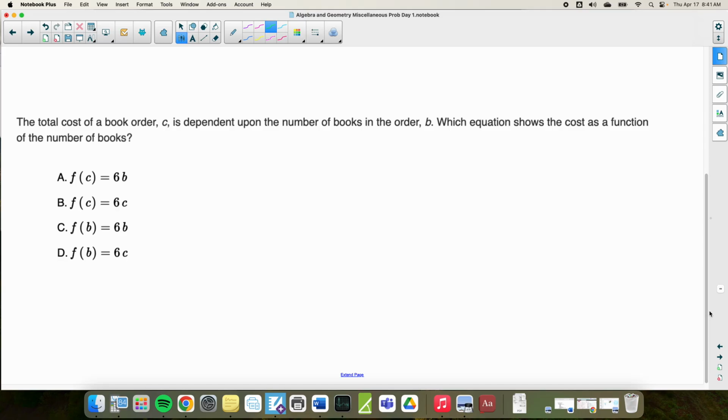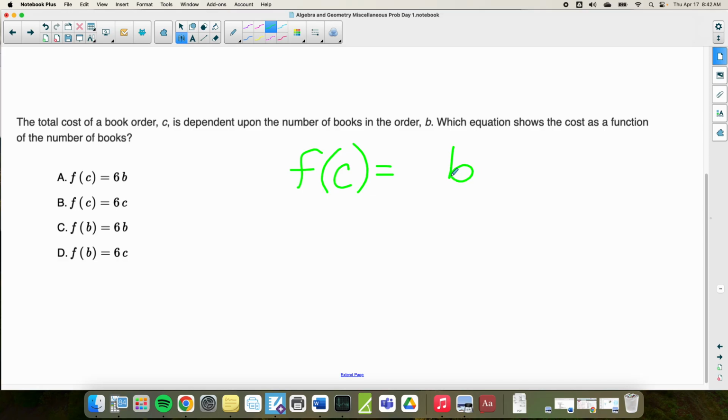Okay, this one says the total cost of a book order, C, is dependent upon the number of books in the order, B. Which equation shows the cost as a function of the number of books? If the total cost is dependent on the number of books, what that means is you're going to have a function of the cost, because that depends on how many books we buy.